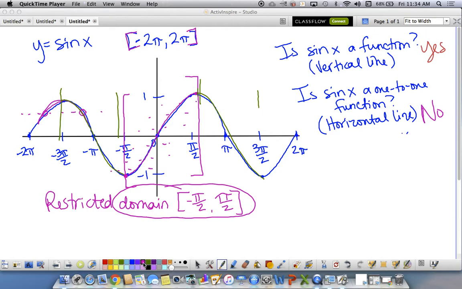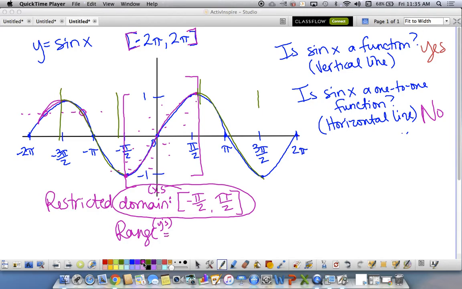Okay? We will talk about domains and ranges, so let's go ahead and talk about the range of this. Remember the domain are your x's. What is the range? Your y's. I think we talked about that last week.